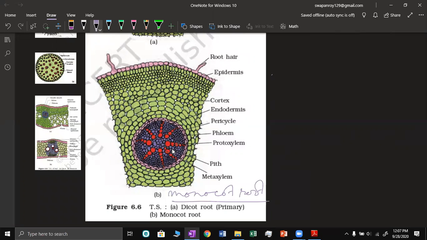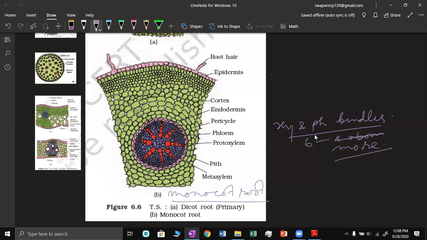But here, you can see the number of xylem bundles, and phloems in between, is more. Usually the xylem and phloem bundles are 6 to 8, or 6 and above, 6 or more in number.